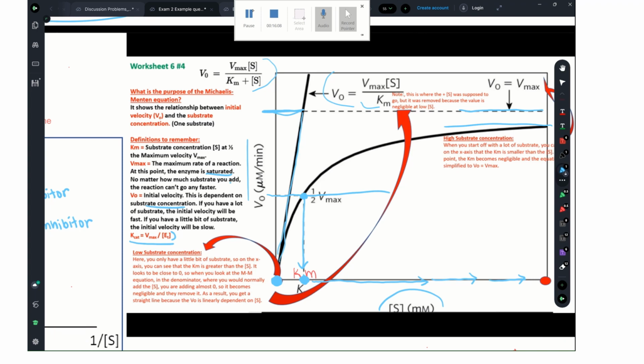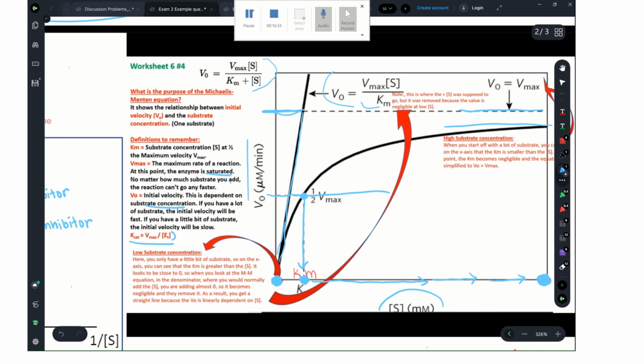And then lastly, if you go all the way to the right-hand side on the x-axis, that's the highest amount of substrate concentration. And here you can see that when you start off with a lot of substrate, the Km is smaller than the substrate concentration. Your substrate concentration is way over here on the right, and your Km value is way on the left.